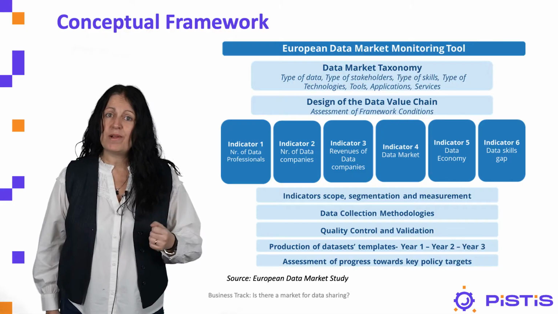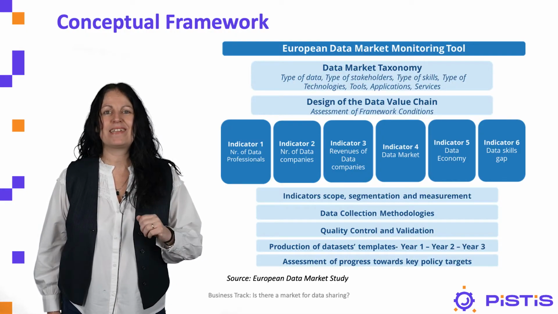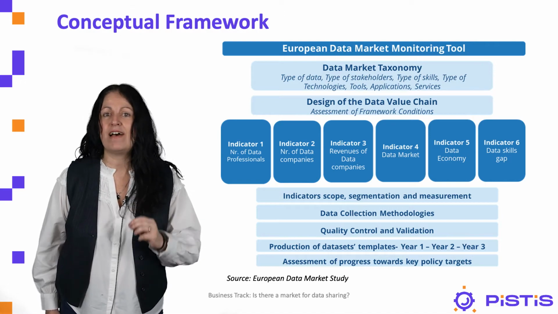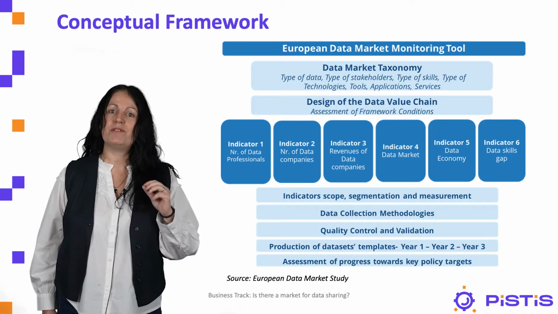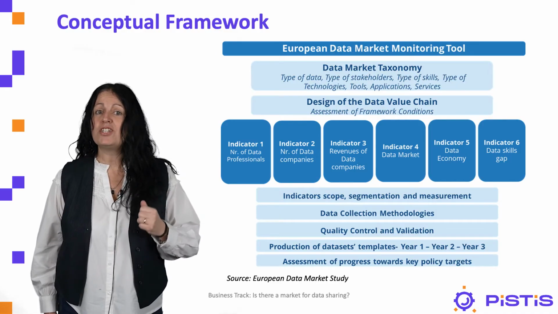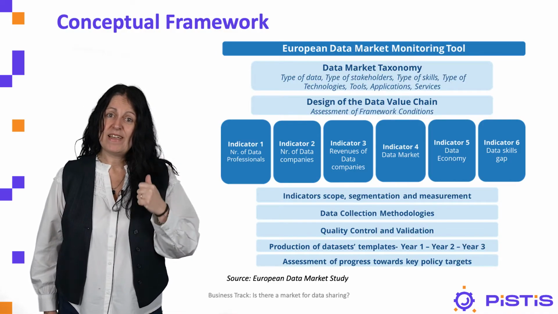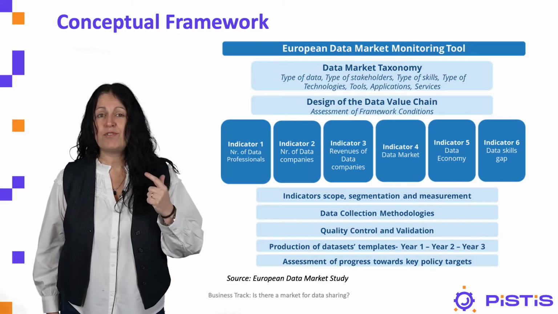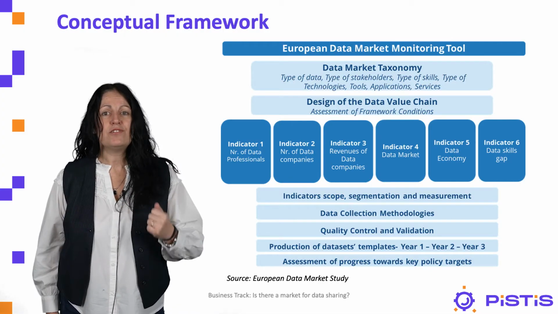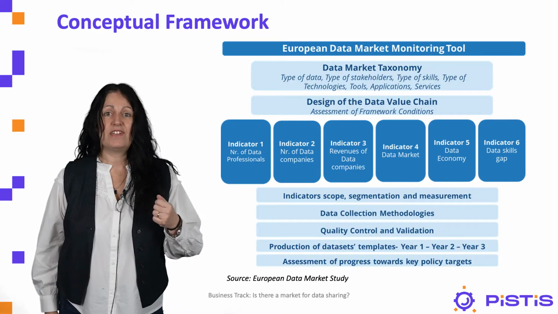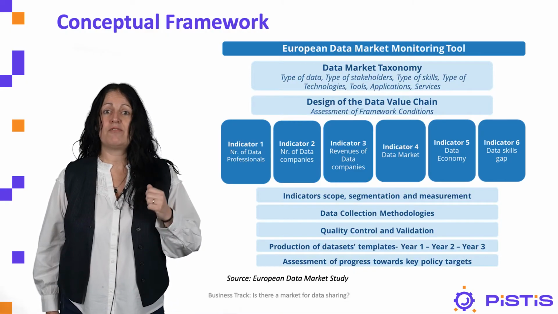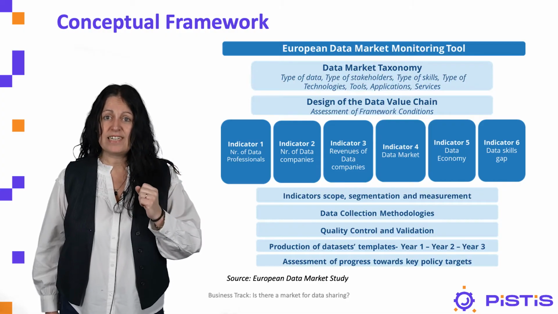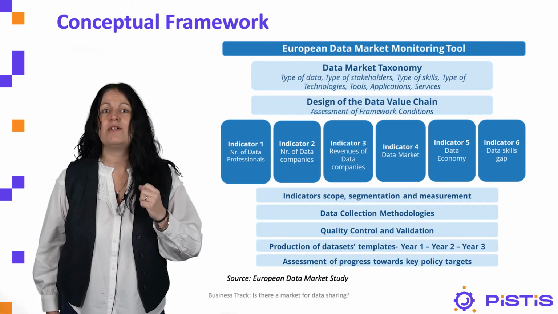In this training, you will get insights about some of those quantitative indicators, not all because we don't have time, but let me tell you exactly all that you can find in the study from a quantification point of view so that you can access a more complete picture if you wish so. We measure number of data professionals, number of data companies, both data providers and data consumers, revenues of data companies, the size of the data market, the size of the data economy, and the data skills gap as a result of the difference between data professionals needed by the market and the real availability of those.